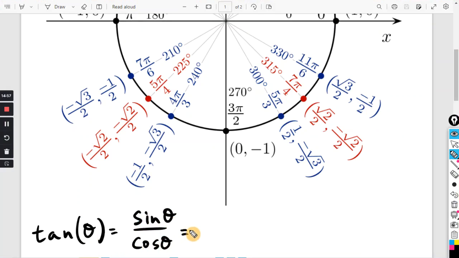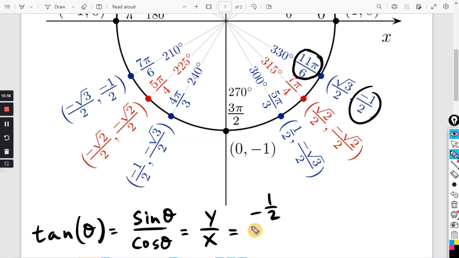But on the unit circle, the sine is the y-coordinate and the cosine is the x-coordinate. All right, so we said we were doing 11 pi over 6. So the y-coordinate is -1/2. The x-coordinate is radical 3 over 2.